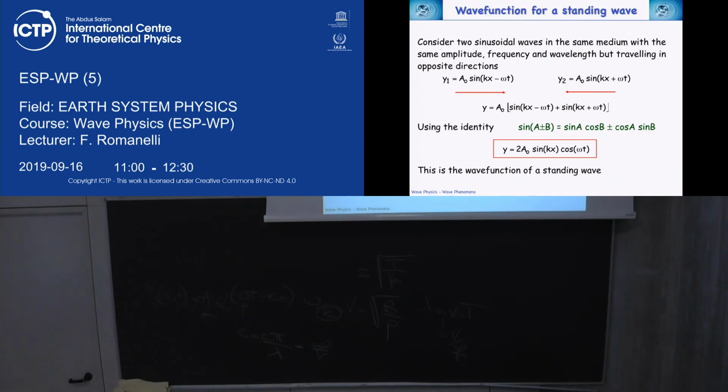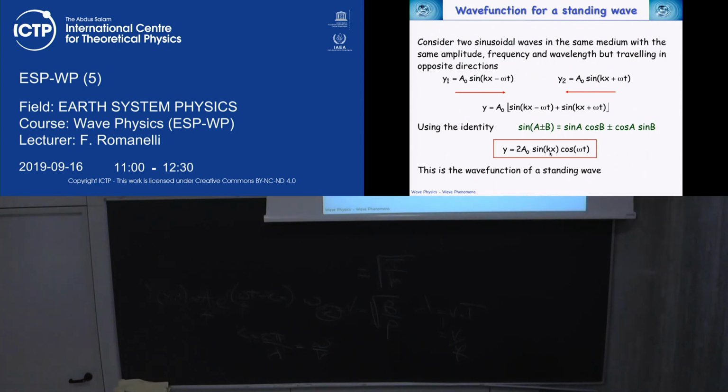Now, space and time that in a progressive wave are connected by velocity, now they are separated. In time, what's going to happen is that some points will vibrate at their maximum, and it is dependent upon this. Some points will be always zero.